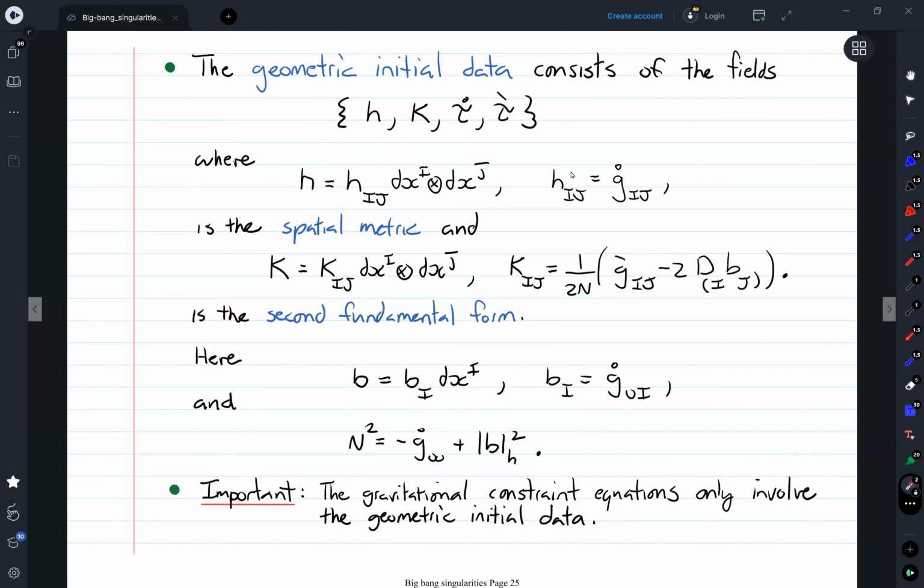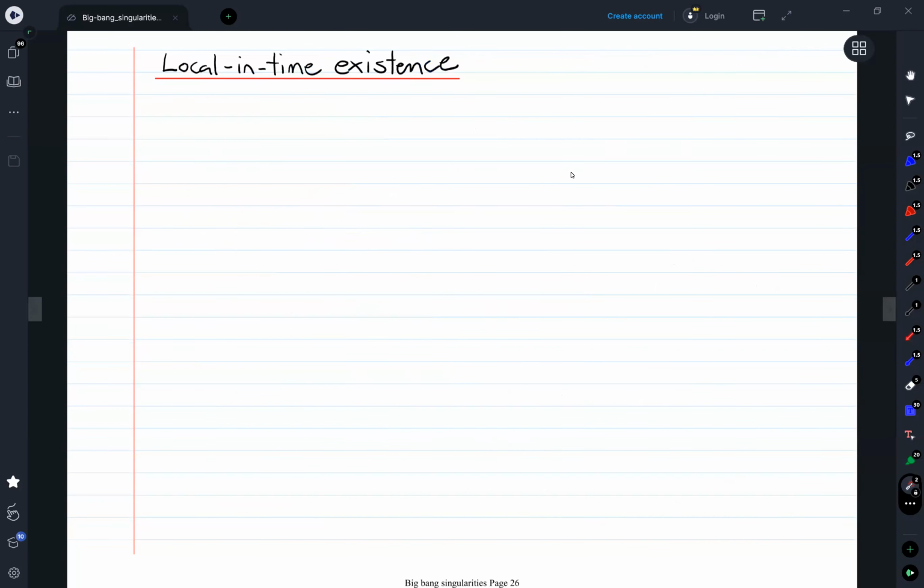Now, the important thing to stress is that the gravitational constraint equations, which constrain the physical initial data, can be written totally in terms of this geometric initial data. Okay, so now that we have our initial data fixed, the next thing we need to do is construct some space-time so that when we restrict it to the initial hypersurface, it agrees with that initial data.